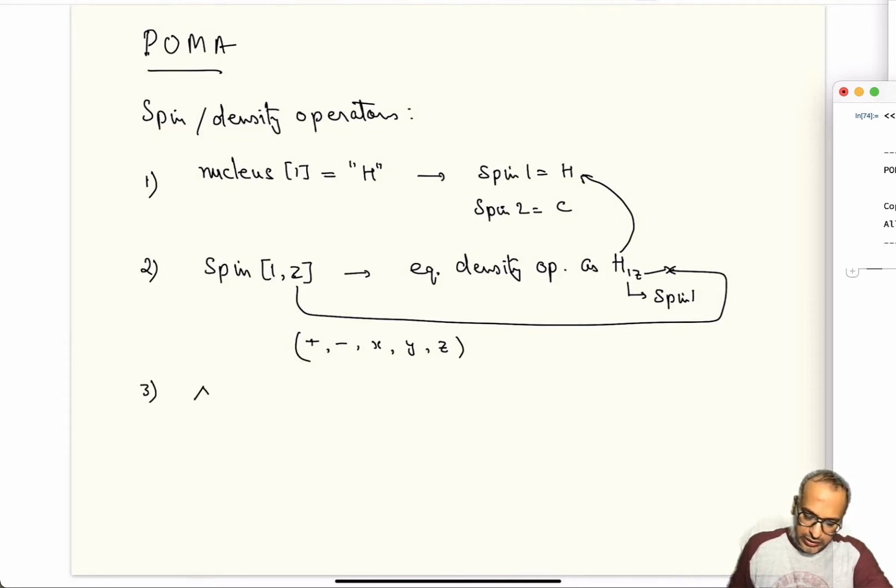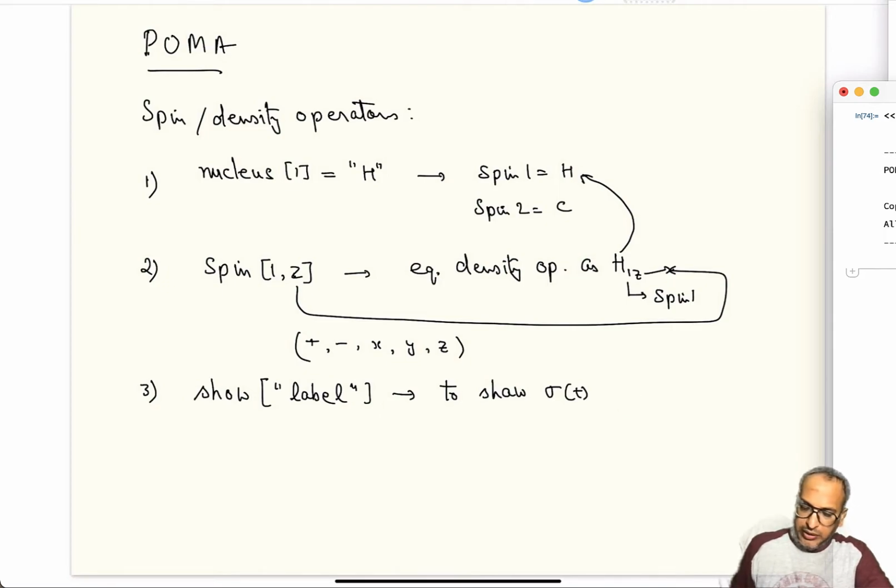Third is show, and within brackets and then within curly brackets, not quote unquote, you have the label. This command is used basically to show sigma t in the middle of the experiment.